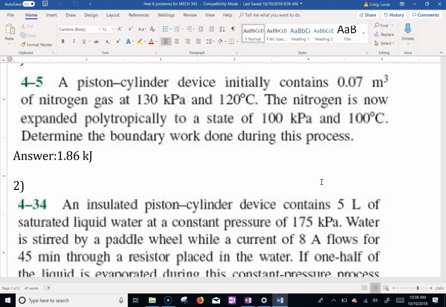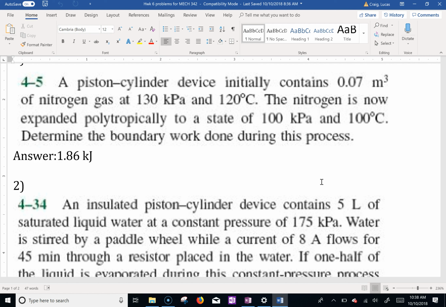So let's just kind of nitpick this. Key words. Polytropic, piston cylinder, nitrogen gas. So right there, you automatically know that there's a boundary work equation for polytropic. We know there's nitrogen, so you can write all the givens that come to your mind for nitrogen.